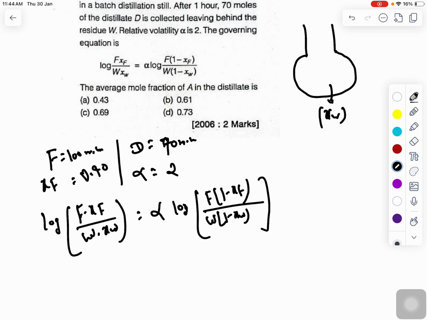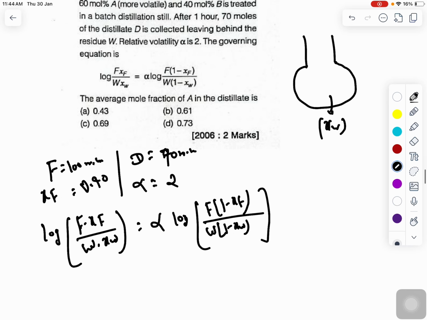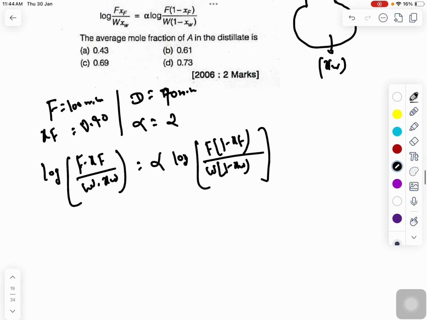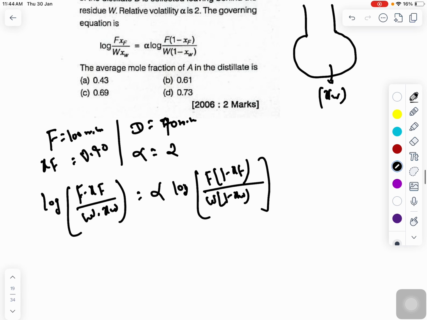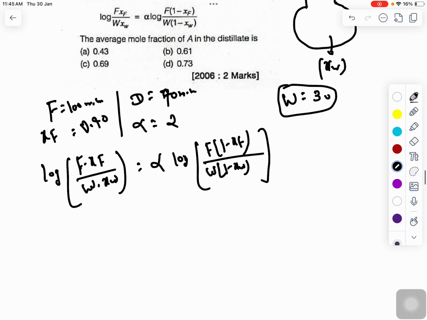F is given, XF is given, and the distillate is 70. So what is W? W will be equal to 30. Is that clear?